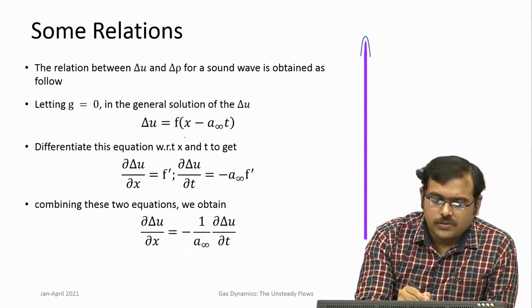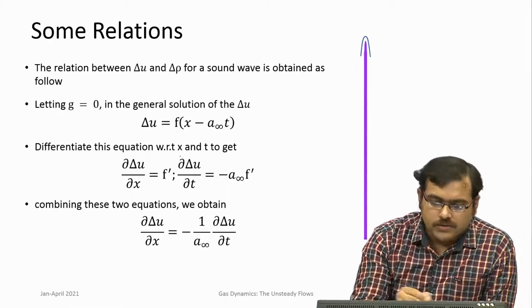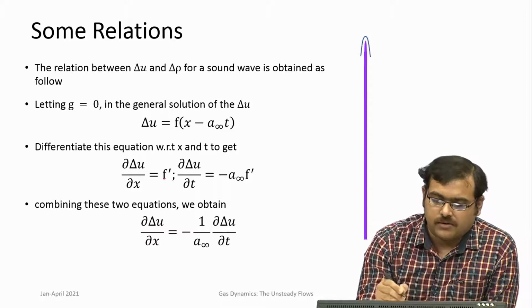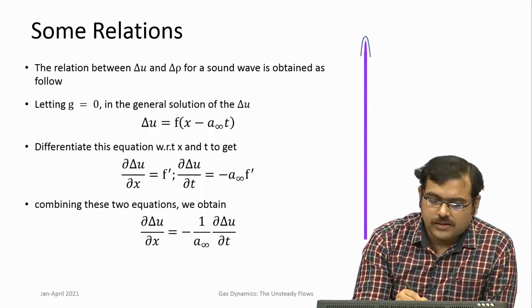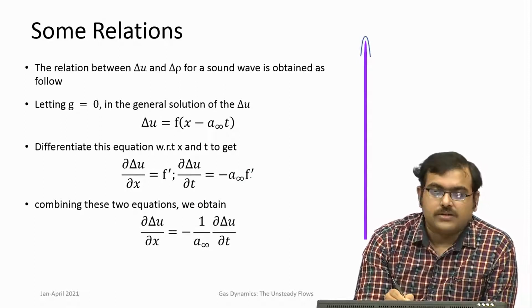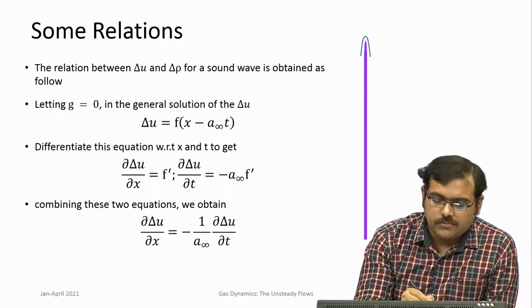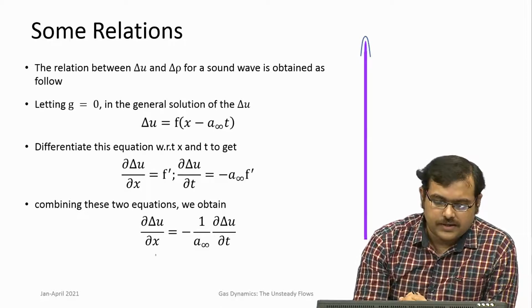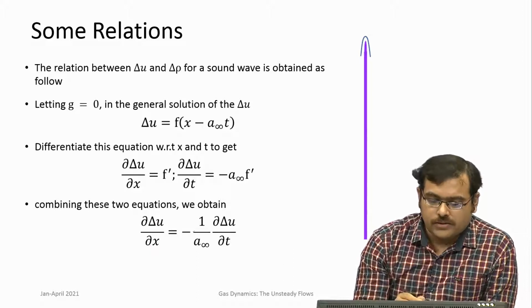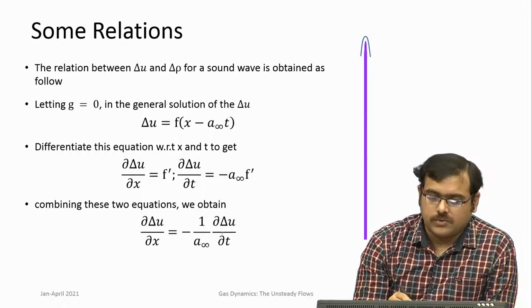Then delta u is f of x minus a infinity t. Dou delta u by dou x is f prime, the differential of f, while dou delta u by dou t is minus a infinity f prime. Comparing these two, we get dou delta u by dou x equal to minus 1 by a infinity dou delta u by dou t.